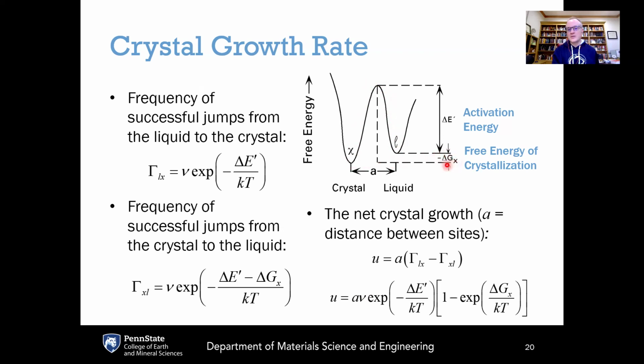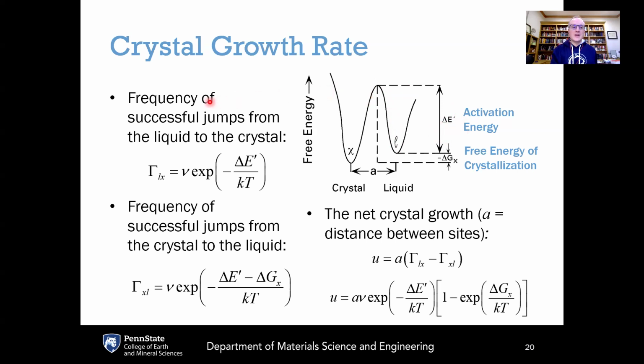So this free energy of crystallization here is labeled as delta G sub X, and the minus sign is because there is a negative free energy change in going from the liquid to the crystal itself. So that's why it's labeled as a minus delta G sub X. The activation barrier of going from this liquid state over this transition barrier is labeled as delta E prime.